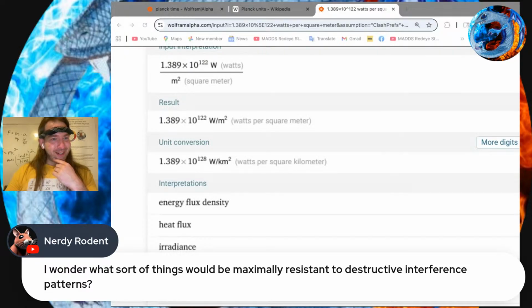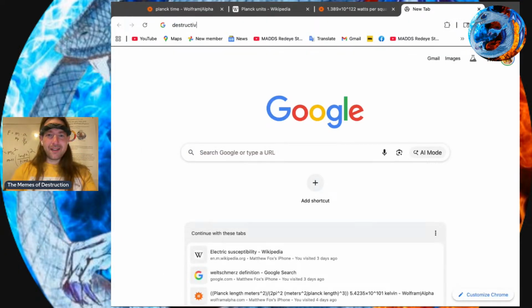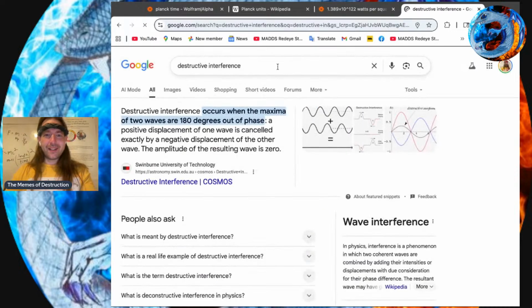What is a destructive interference pattern? Are we just talking about an oscillation? Hold on. Destructive interference occurs when the maximum of two waves are 180 degrees out of phase. Okay, so if they're at the same frequency, they cancel out.